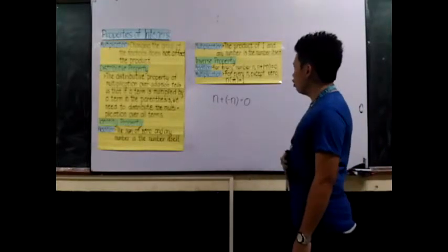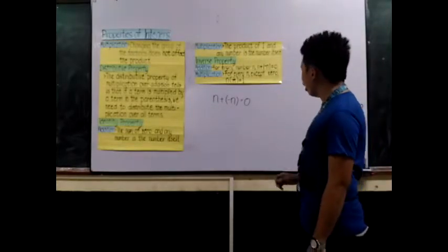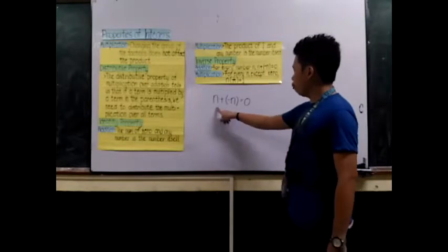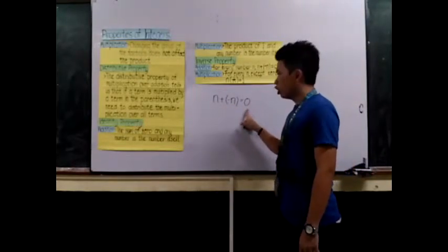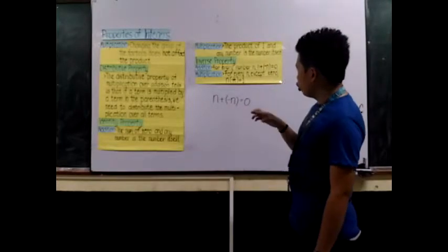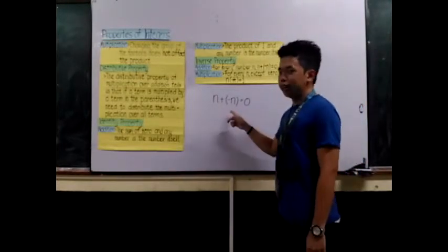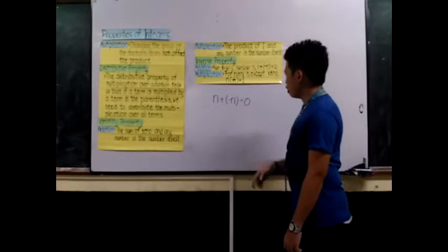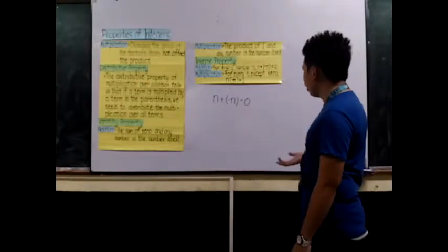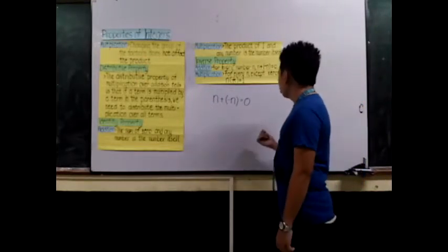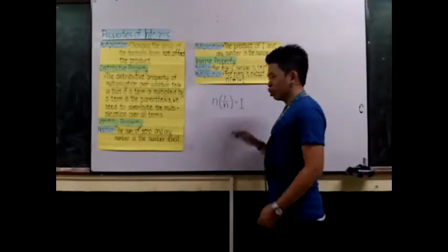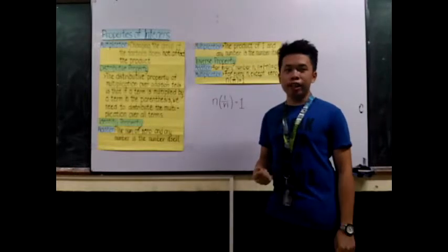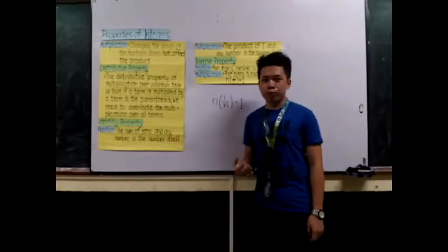In addition, the inverse property is that for every number n, there is a number such that n plus its negative is equal to 0, or the identity. So the additive inverse of n is negative n. For multiplication, for every n except 0, n times 1 over n is equal to 1. So the multiplicative inverse of n is 1 over n, or its reciprocal.